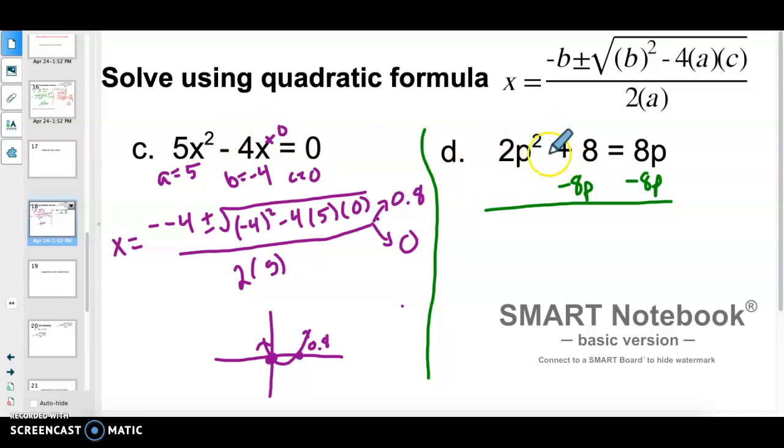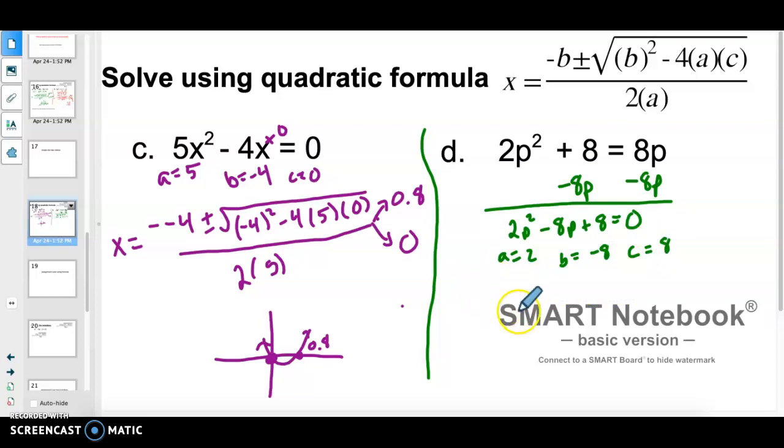Here we have our p squared, then we need the p, then the constant. So it would look like 2p squared minus 8p plus 8 equals 0. So then our a is going to be 2, our b is -8, and our c is +8.